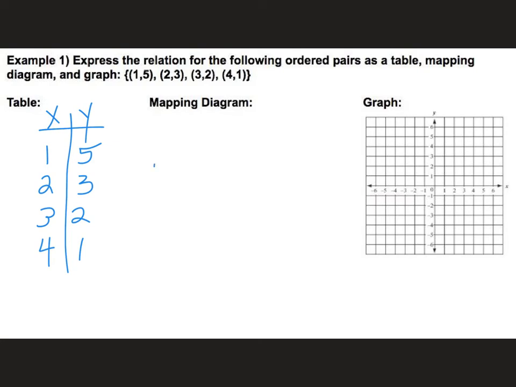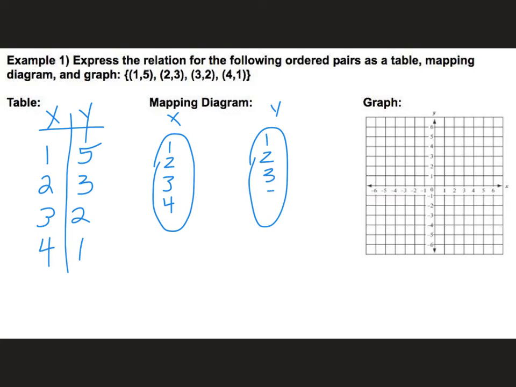Now a mapping diagram looks very similar. We have our x's, we have our y's. My x's are 1, 2, 3, 4. My y's, we'll put these in order here, 1, 2, 3, and 5. And now our arrows are actually indicating which number goes where.